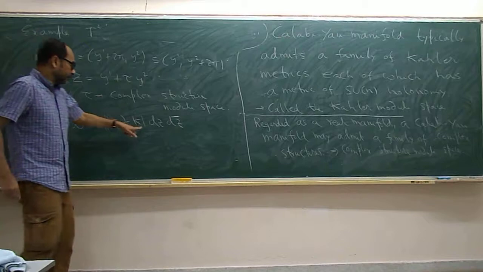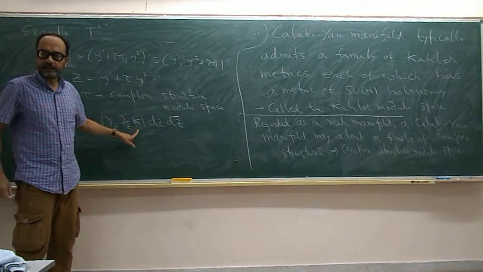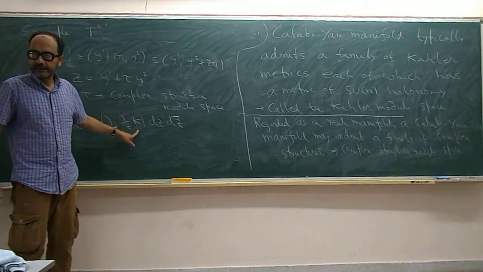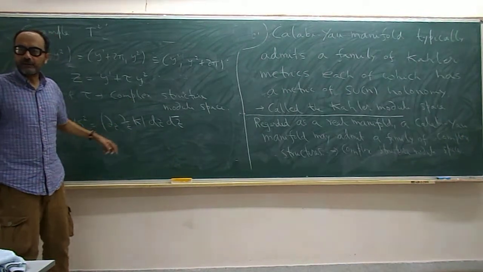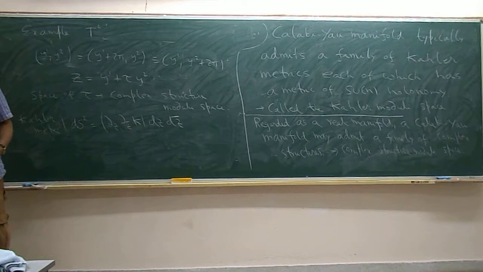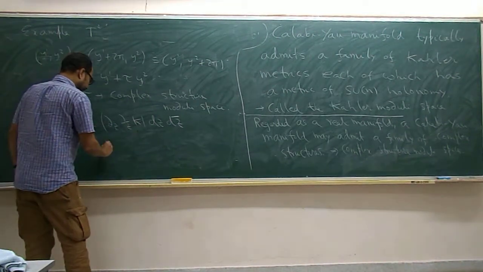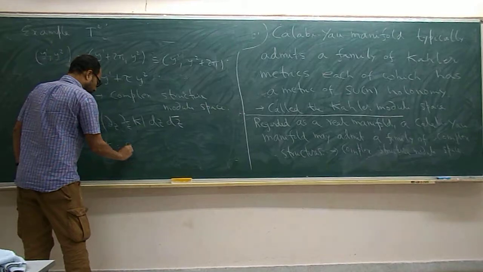So now the question is, what choice of K should we make to make it SU(N) holonomy? Clearly we need a flat metric. SU(N) in this case is SU(1), right? N is 1 for two dimensions. So you need a flat metric. Flat metric means that K can be some constant A times z z bar.